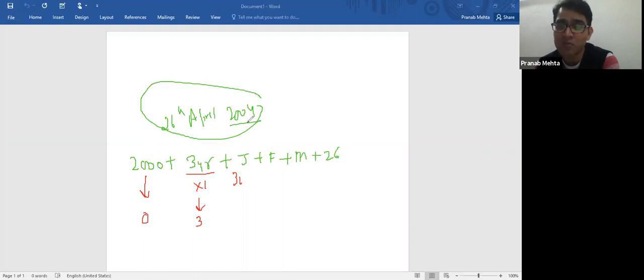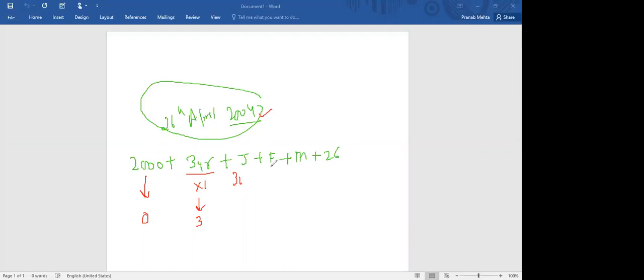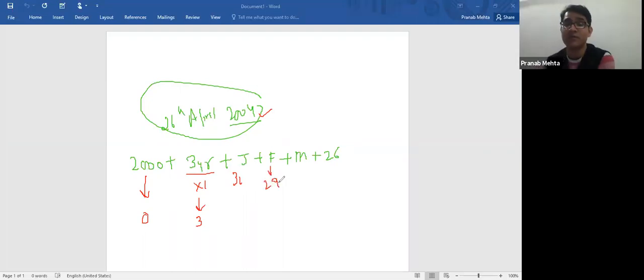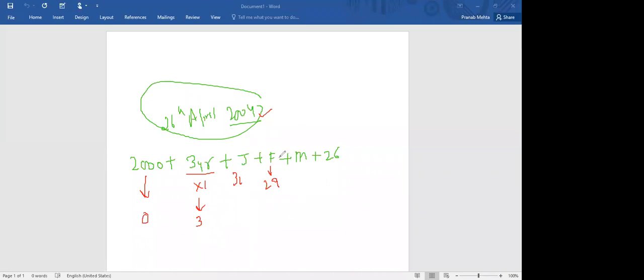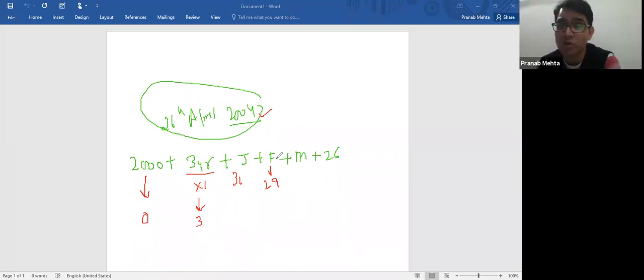Now here we have to be careful, because this is 2004. In 2004, when we are talking about February, remember it is a leap year. Normally February has got 28 days, but since 2004 is a leap year, the only difference between a normal year and a leap year is the month of February.